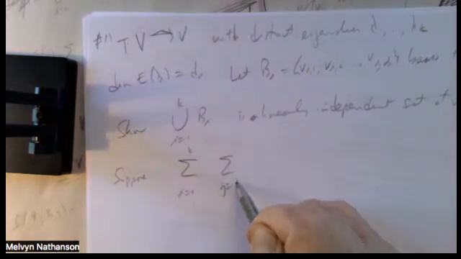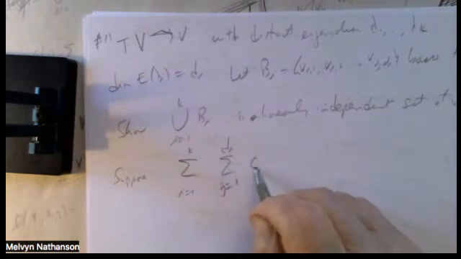So how do we prove this? Well, suppose some linear combination of these vectors is equal to 0. So suppose we have scalars such that the summation over i from 1 to k, and for each i the summation over j from 1 to d sub i, c_ij v_ij is 0.